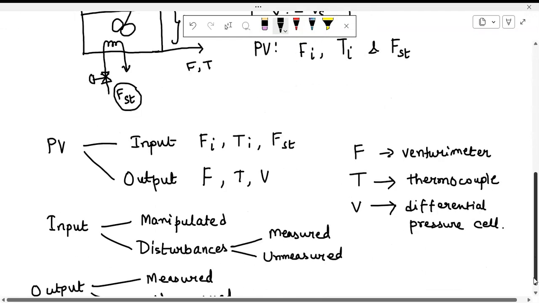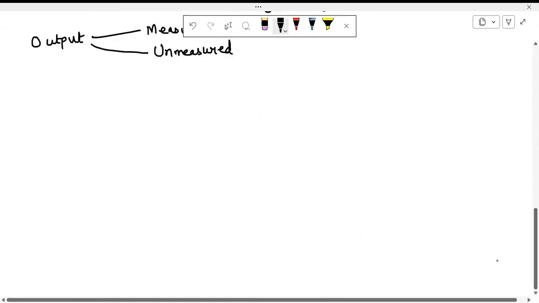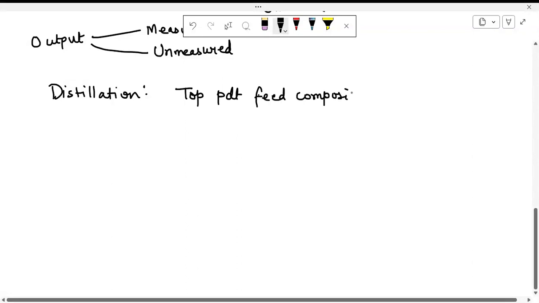But suppose you have a distillation column. In a distillation column, what happens? Say you want to maintain the top product feed composition. I'll write it down. Feed composition should be maintained at a certain level.